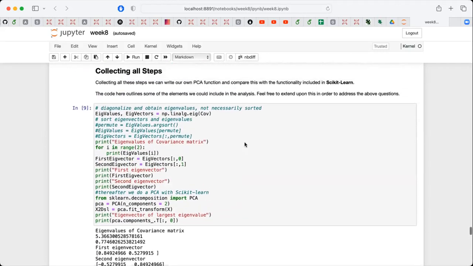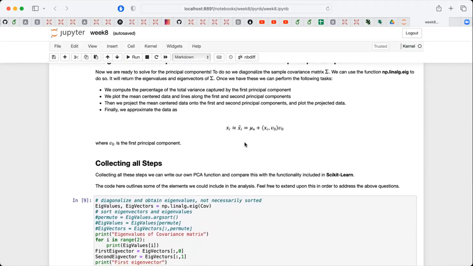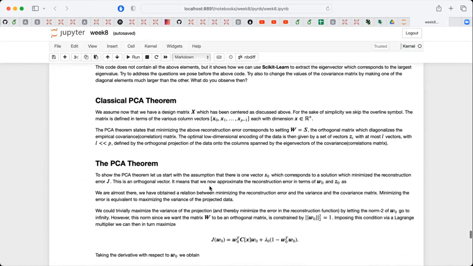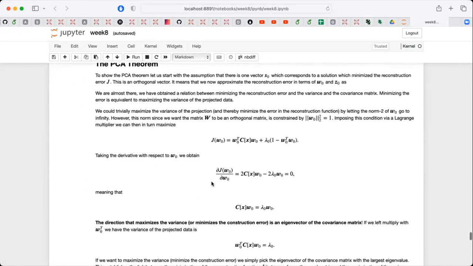So what I wanted to bring up first is the basic principal component approach. And then next week, we are going to look at the PCA theorem. And then we're going to construct something which is called the reconstruction error. And this is going to be equal or similar to the mean squared error.